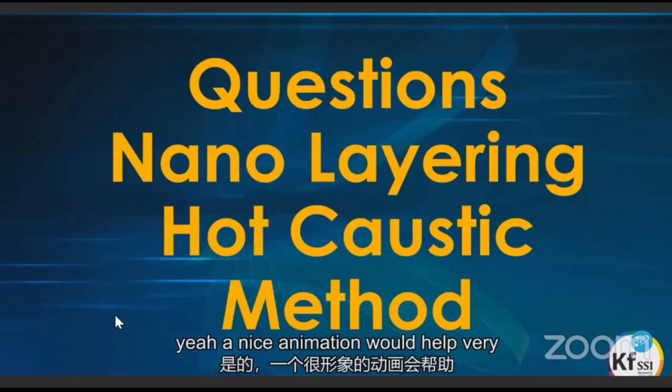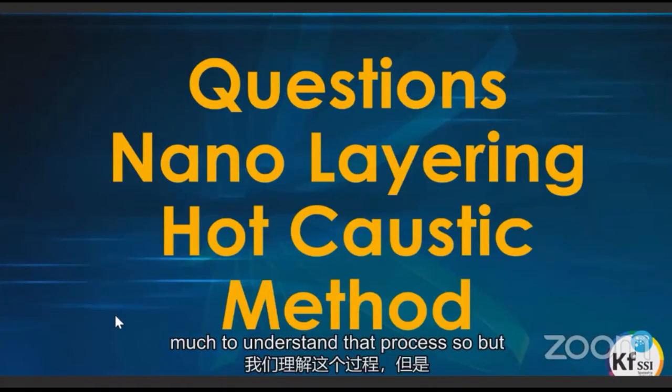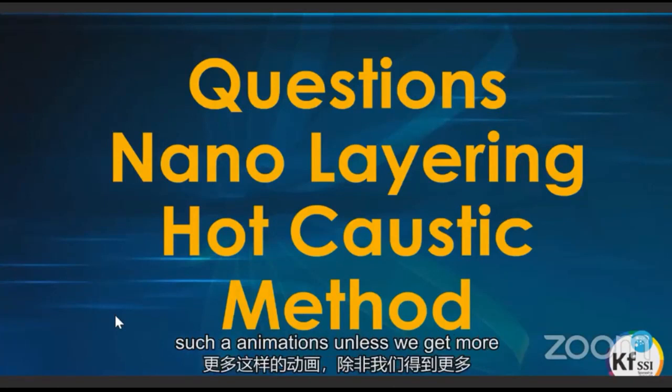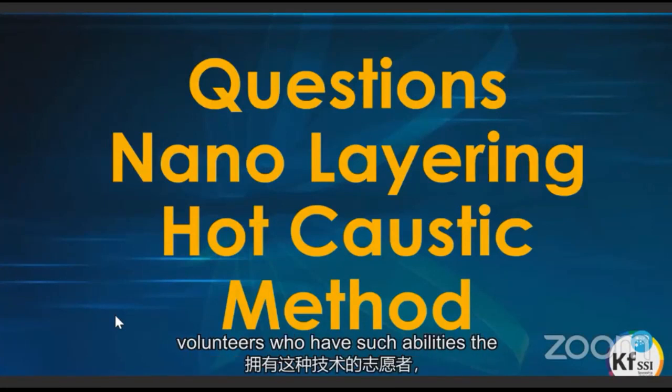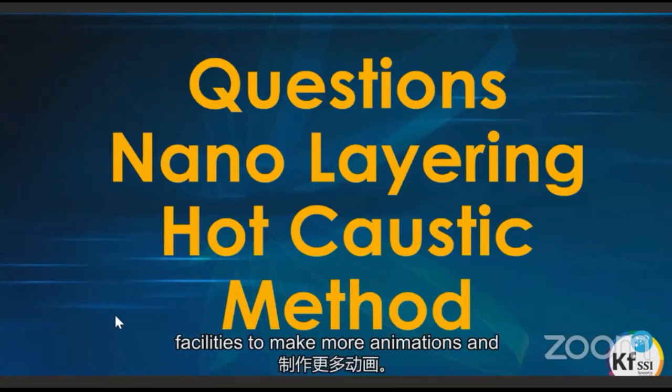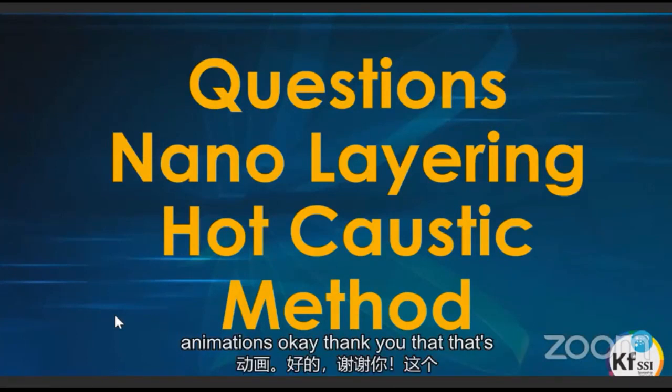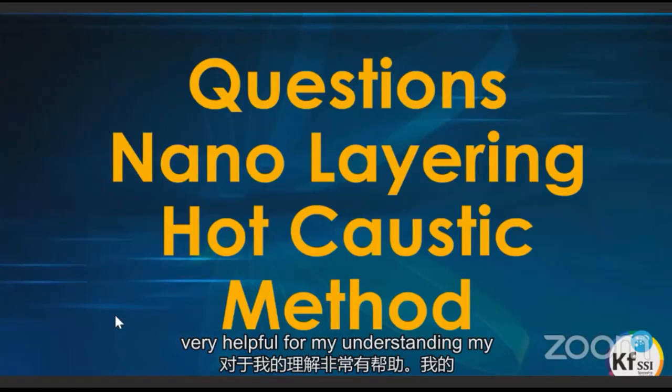Yeah, a nice animation would help very much to understand that process. But we have limited abilities to do such animations unless we get more volunteers who have such abilities and the facilities to make more animations, and we could cooperate to make more educational animations. Okay, thank you. That's very helpful for my understanding.